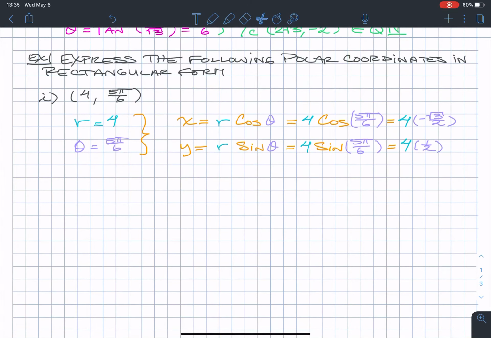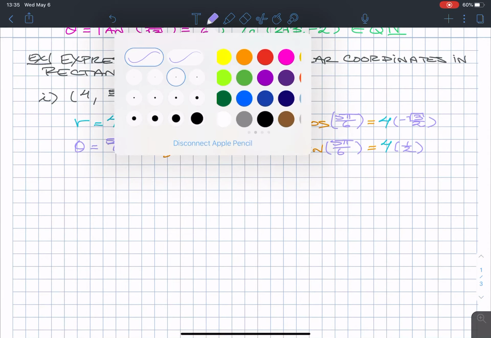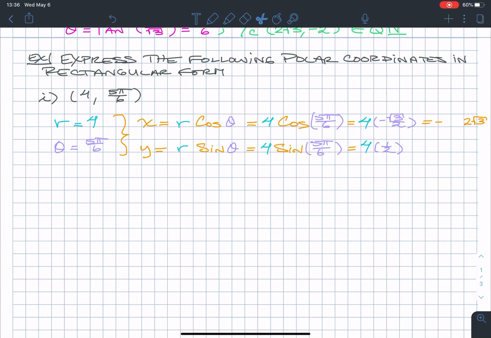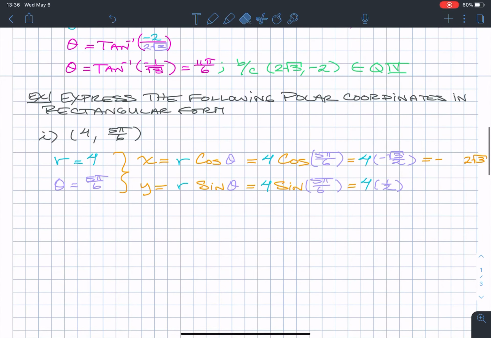So what we get in the end, let me move these to the left a bit. I have a little more room. I get that x is negative 2 root 3. Yeah, boy, I do need to move this over a little bit more left. Oops. Where'd it go? Gotta love technology, by which I mean I hate technology.